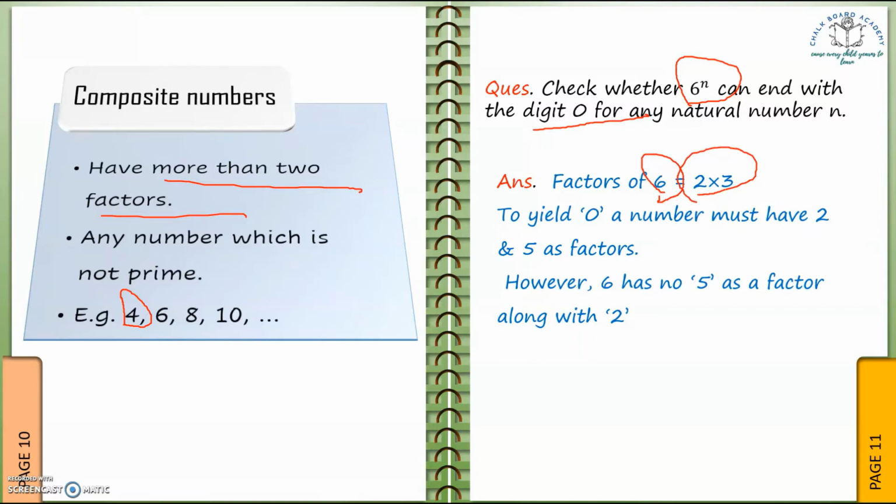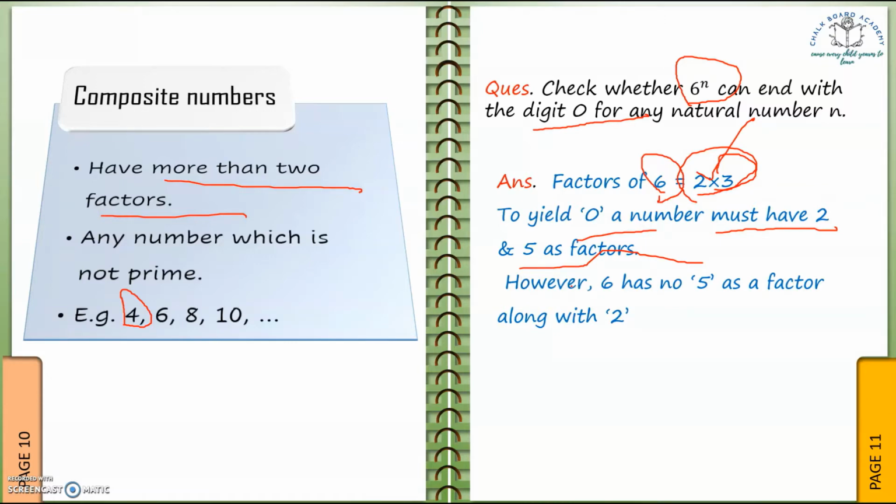Now to yield 0, any number must have 2 and 5 as factors. But here we can see that we have 2, but we do not have 5 as a factor. Instead we have 3. So it will never yield 0 as the last digit of the number.